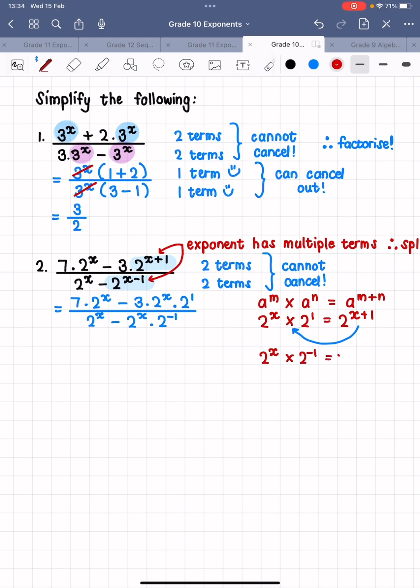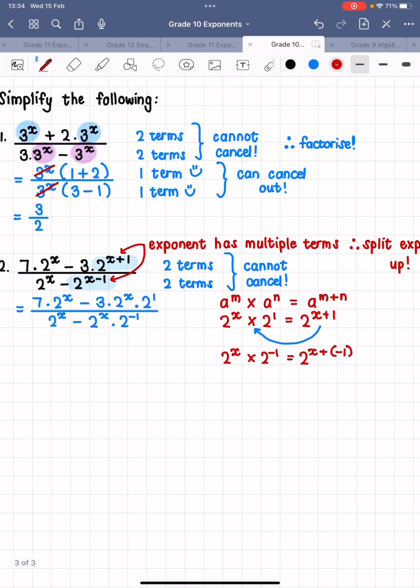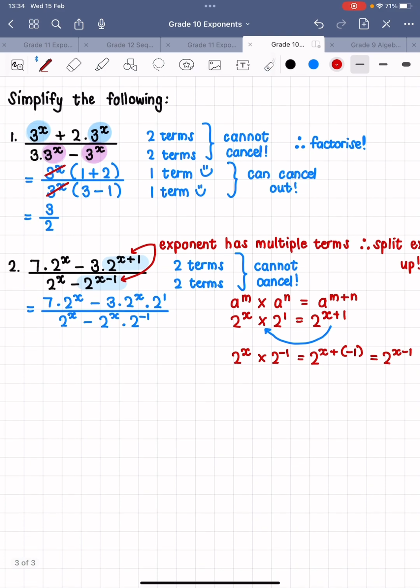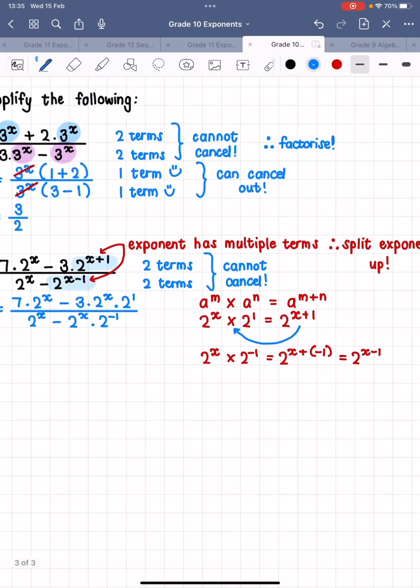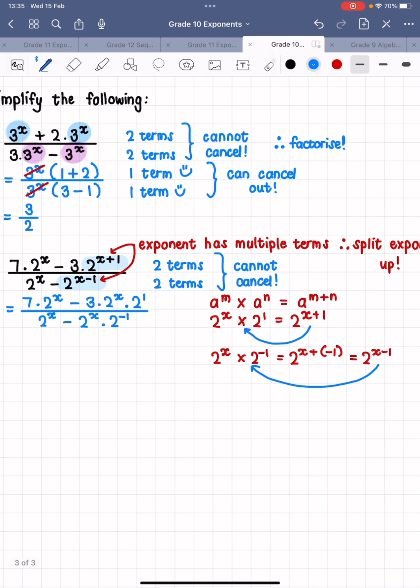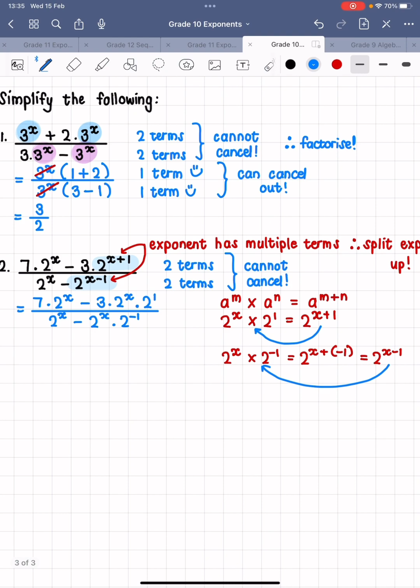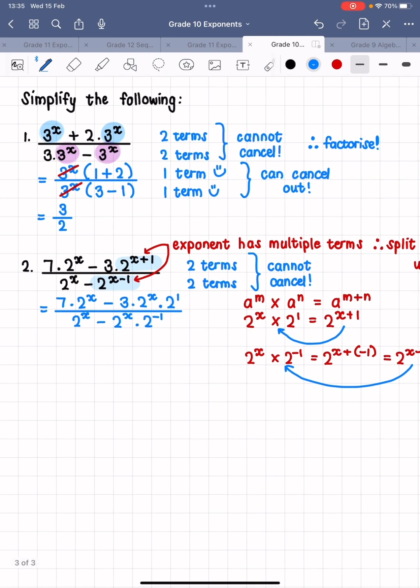If you apply our multiplication rule, you would say x plus that second exponent, which is negative 1. And that will, in fact, give you an answer of 2 to the power of x minus 1. All right, again, we are going in the opposite direction. We are starting with 2 to the x minus 1, and we are splitting it up into two separate bases of 2 with two separate exponents.